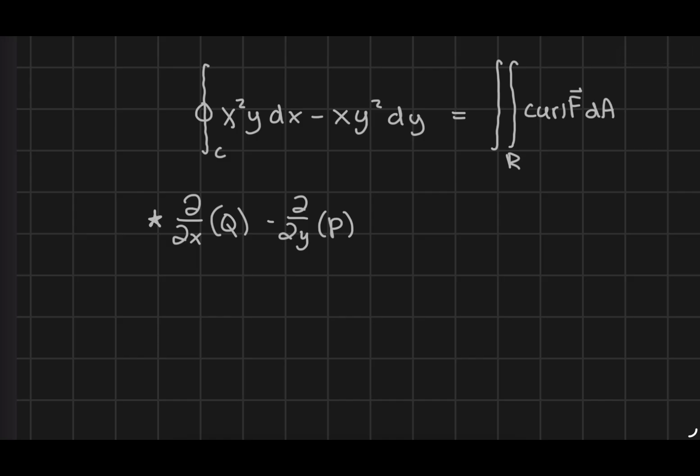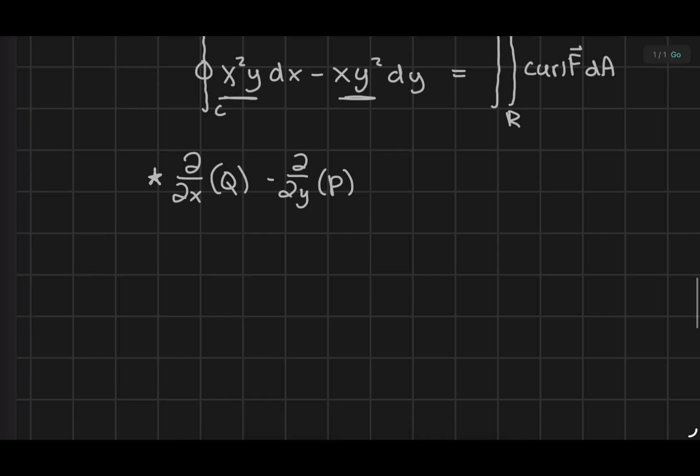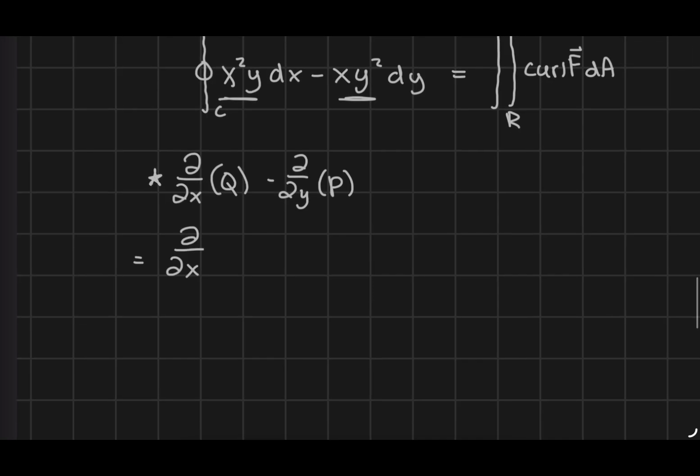All right, so starting off here, we know that this is our P value and this is our Q value. So taking the partial of our Q, this is going to be the partial of negative xy squared with respect to x, minus the partial with respect to y of our P, x squared y.